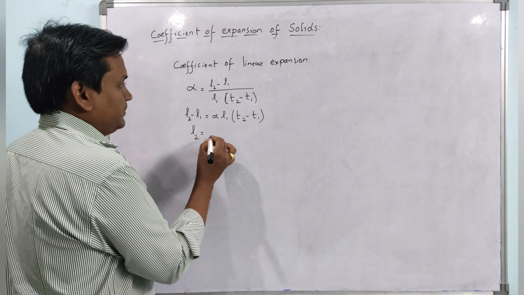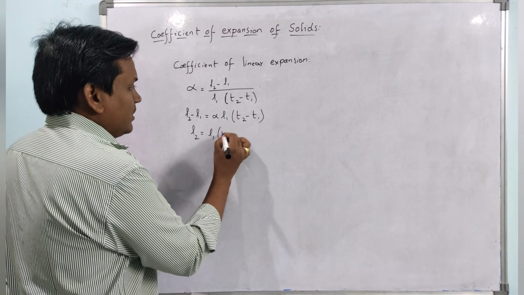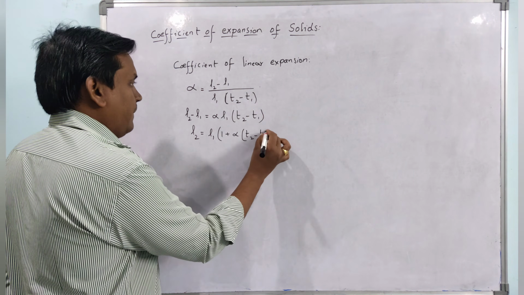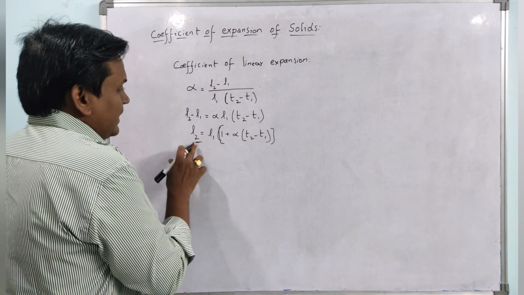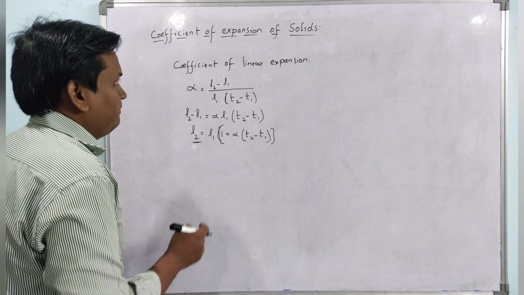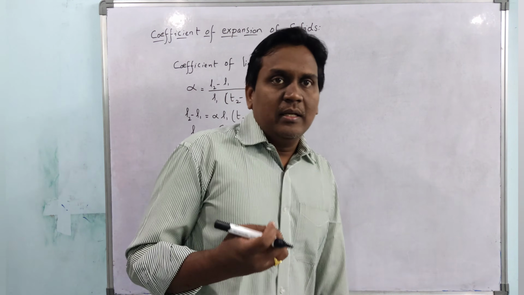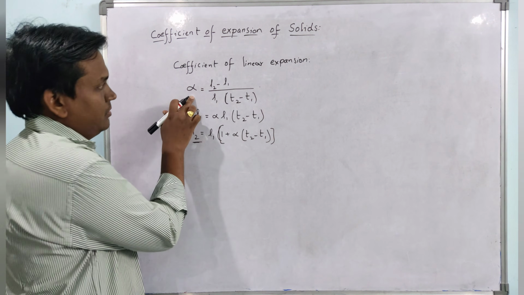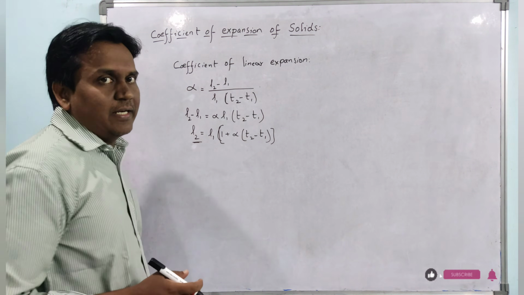If you bring this to the other side and take L1 common, you will get L2 equal to L1 of 1 plus alpha into T2 minus T1. So this is the final length of the rod. And here is one more thing about alpha. On heating any material, if the size of the material increases, then this alpha value will be positive. If the size of the material decreases, then this alpha value will be negative.